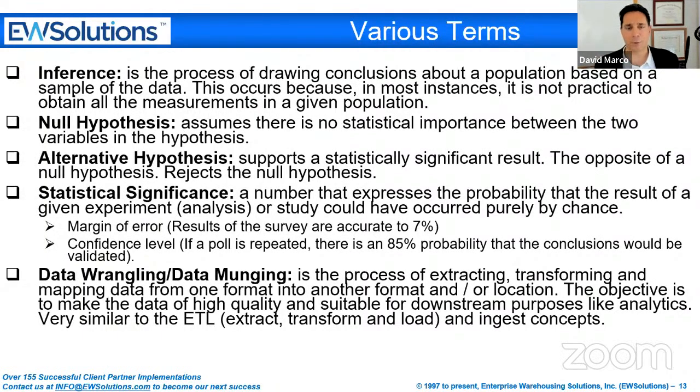So super important: statistical significance. It's a number that expresses the probability that the result of a given experiment, think analysis, could have come purely by chance. We're looking at 1,000 people. We're looking at 100 people. What's our margin for error, as it's another way you see it, where maybe even though this study seems to definitively prove something or show a correlation, there's still a margin for error.